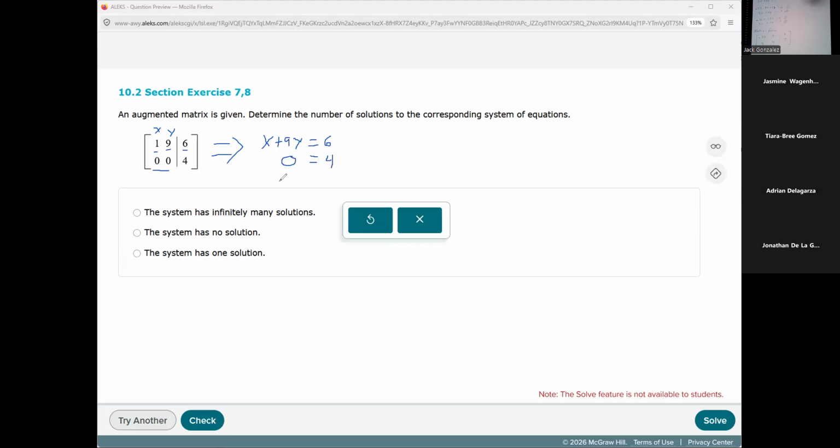So notice we have a false statement: zero is not equal to four. Whenever you see a row of zeros equal to some number, there is no solution.